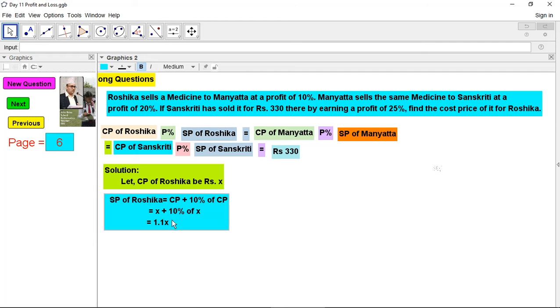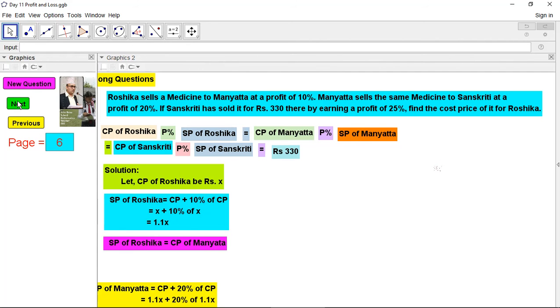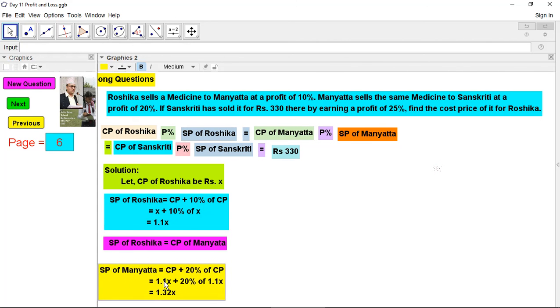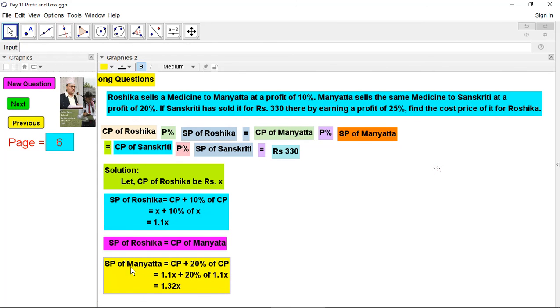Anyone can respond? Okay, Ankit, thank you. Now the next step, dear students: we know the relation, SP of Roshika equals CP of Manyata. So let's move to the transaction of Manyata. What is she doing? Selling price of Manyata is CP plus 20% of CP.